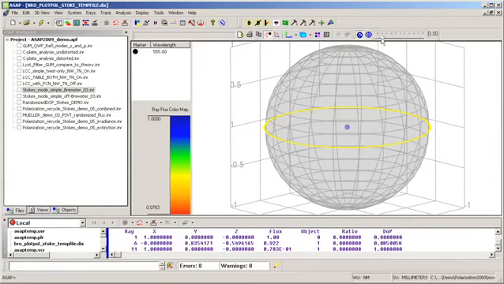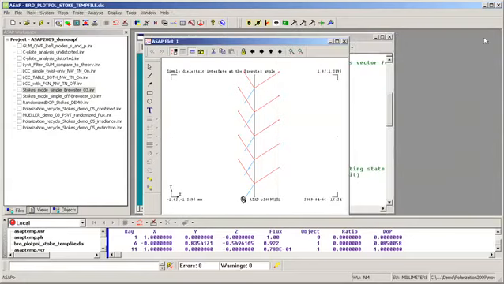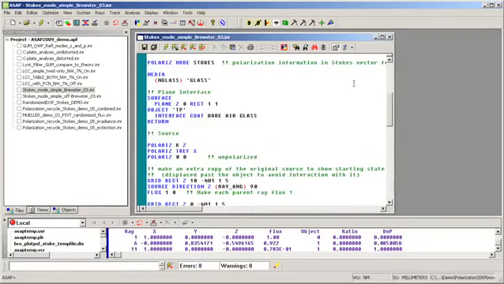So when we go to 0.1, it should reappear, and it does. And as we go up to 1, we should get back the reflected ray. And indeed we do.